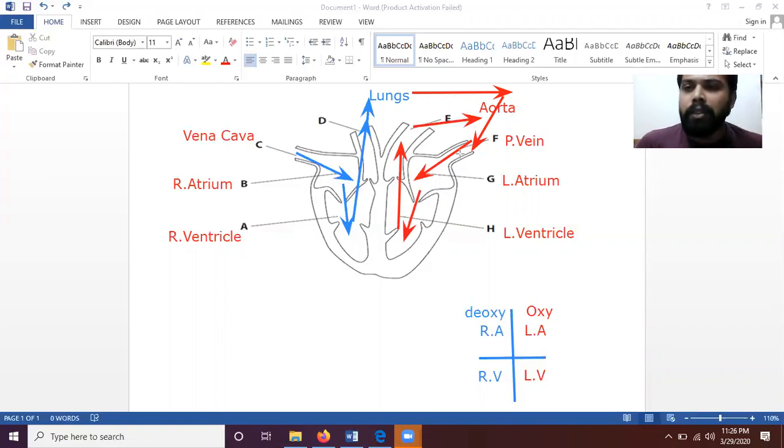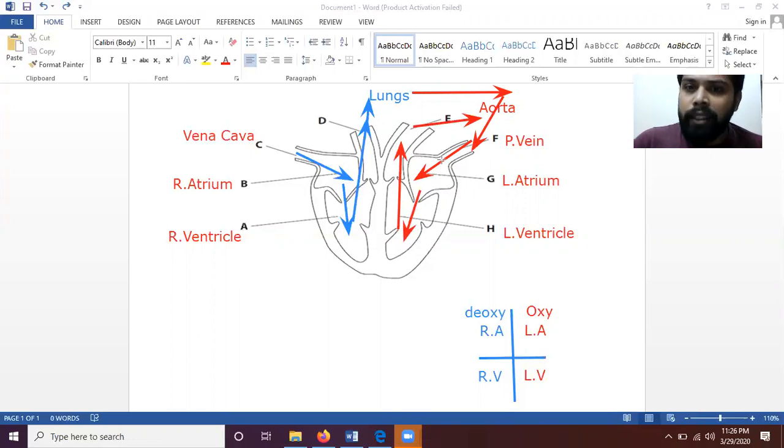Since the blood enters the heart twice, you have heard about double circulation. Double circulation is when the blood enters the heart twice. First it entered as deoxygenated, then it went to the lungs, it got oxygenated, then again it entered the heart, right?